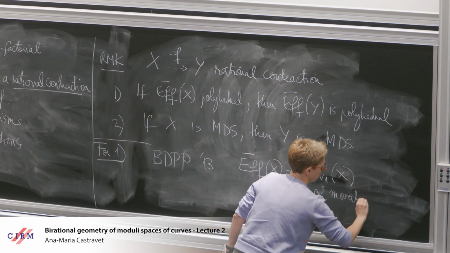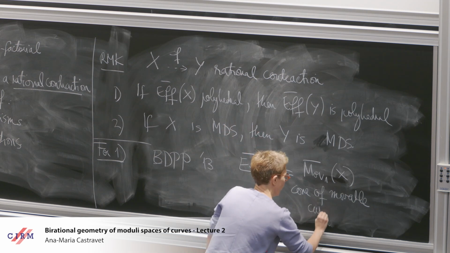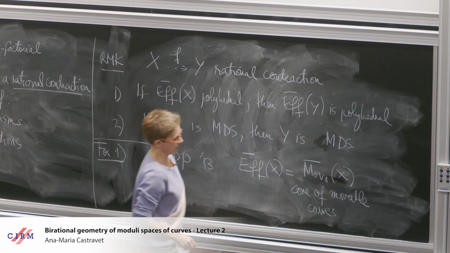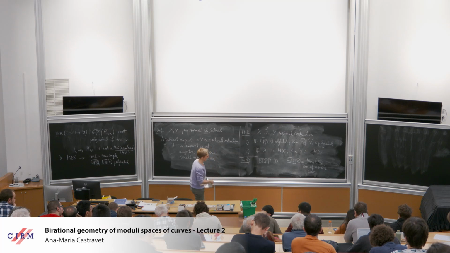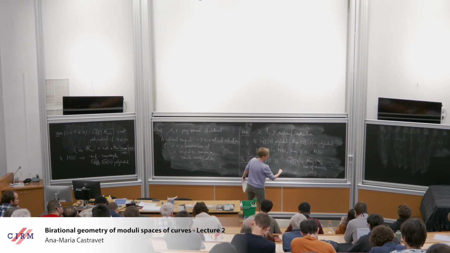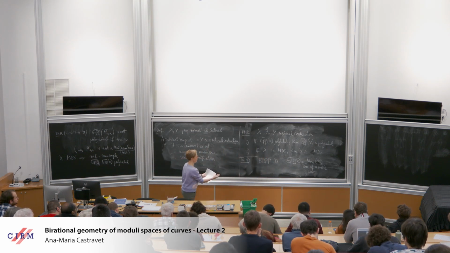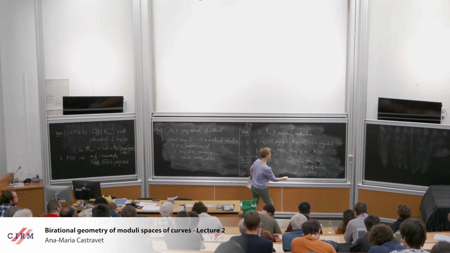Again, we take the closure of the cone generated by classes of movable curves, again in the Néron-Severi space. A movable curve is one such that there is an irreducible family of such curves that cover an open set in the variety.